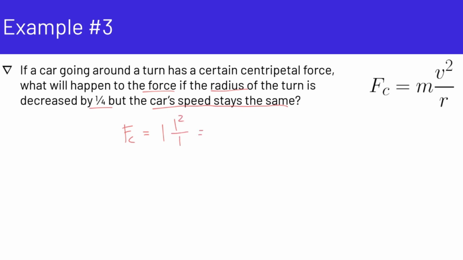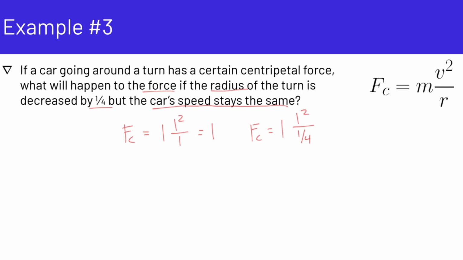So that is just equal to 1. So now we're saying that the radius is decreased by 1/4. So we have FC is equal to 1 times 1 squared over 1/4. Okay, so similarly to the last problem, if you have a fraction in the bottom of another fraction, we're going to flip this fraction over and multiply.